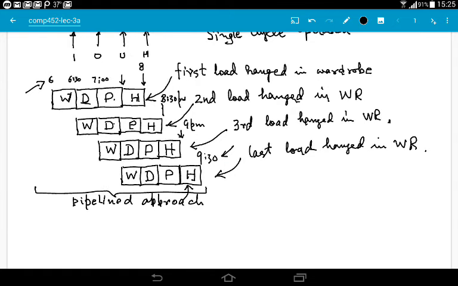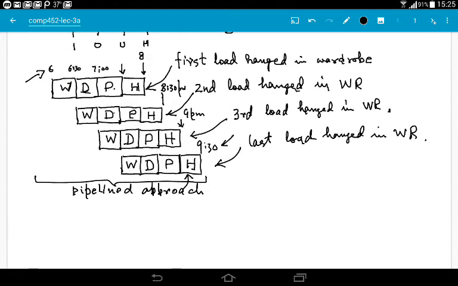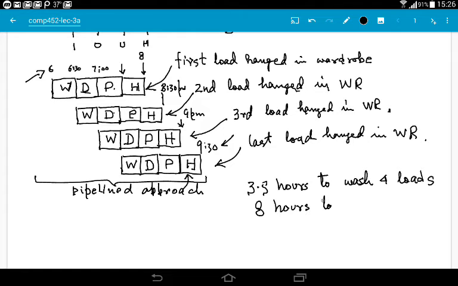So 3.5 hours to wash 4 loads, and in single cycle it took us 8 hours to completely wash and hang 4 loads.